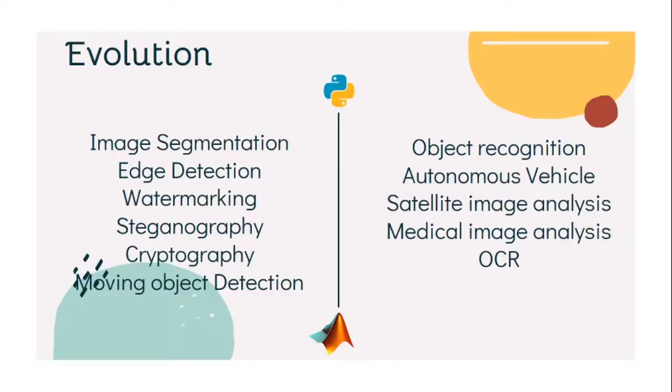For example, imread is the only syntax for reading an image. But in Python, there are a lot of options to read an image. You can use PIL, you can use OpenCV, or you can use imutils. You can use any library to load an image. So Python has a lot of possibilities and availability of syntax for basic image read functions.